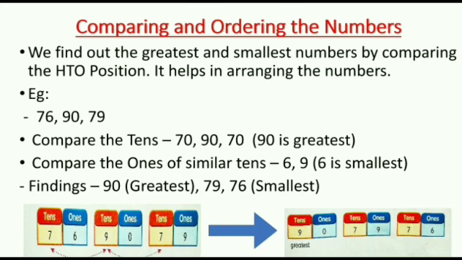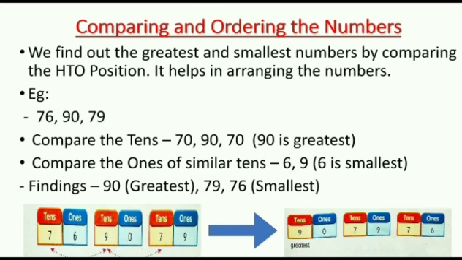So first check the tens place number and find out which one is greatest. If we compare the tens, 70, 90 and 70, because 7 is repeating with 6 and 9, one is with 76 and another one is 79. So in this the greatest number is 90.